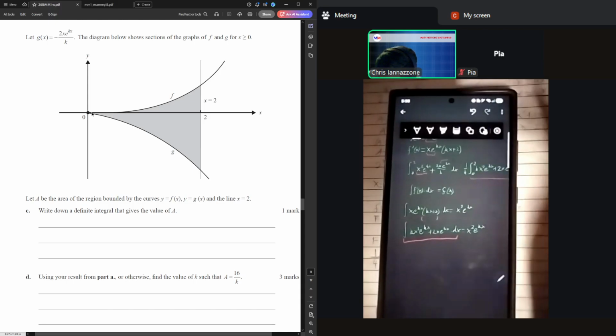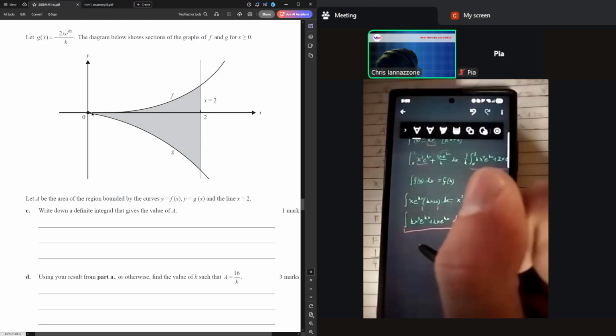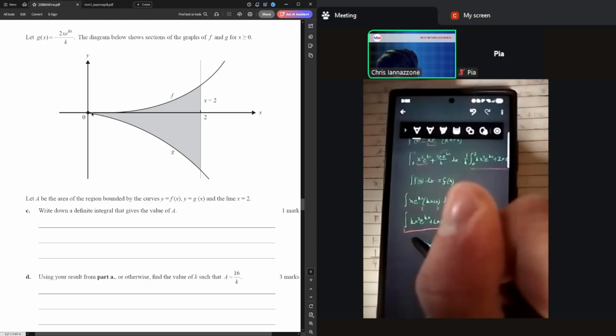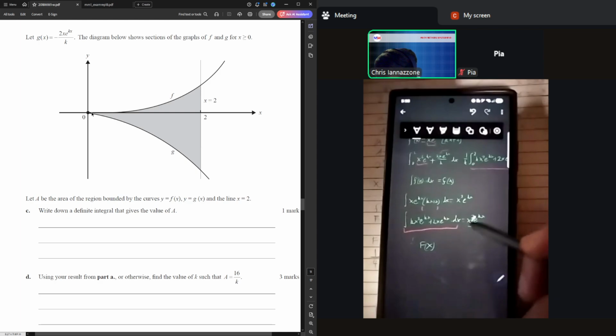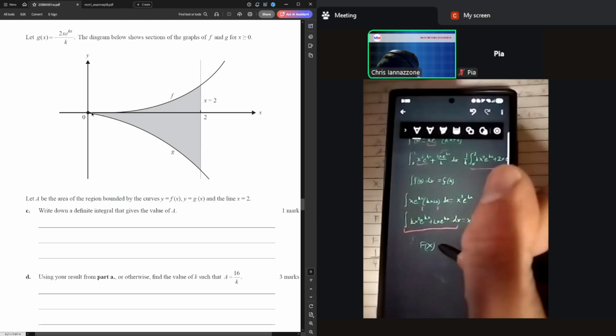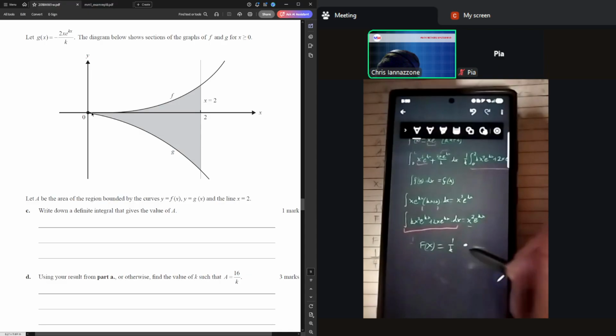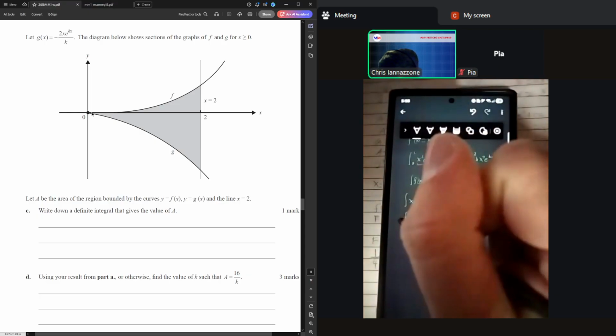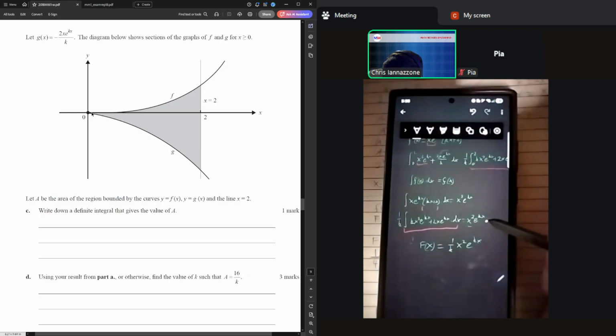So instead of saying our capital F of x is equal to this thing, it's 1 over k, F of x is equal to 1 over k times that. So basically you're going to have your 1 over k x squared e^kx, because the antiderivative of this is that. You're just going to introduce those 1 over k's like we said.